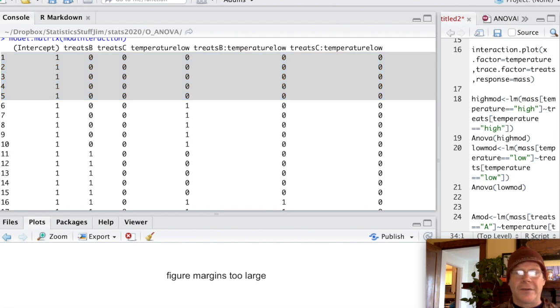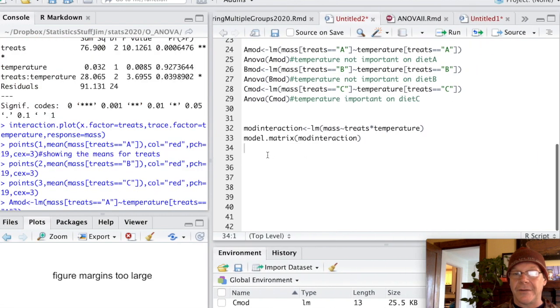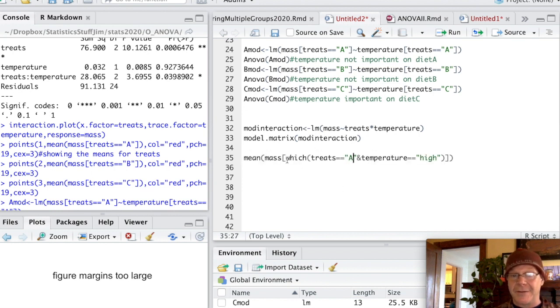treatment A and you are at a high temperature, your expected value, the mean for that, is what the intercept is. And so we can go ahead and prove to ourselves that that indeed is the case. I'm just going to say, what is the mean of treatment A at a high temperature? So I'll do that right here. I'm calling out the index, which treats are equal to A, and which temperature is equal to high.